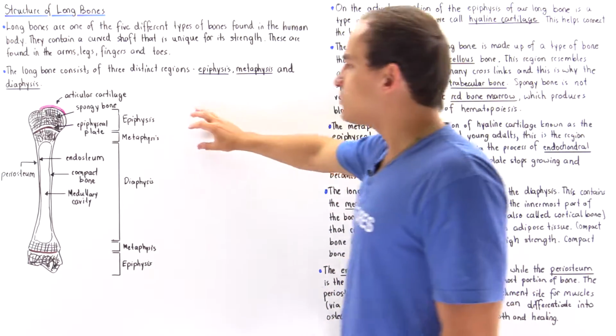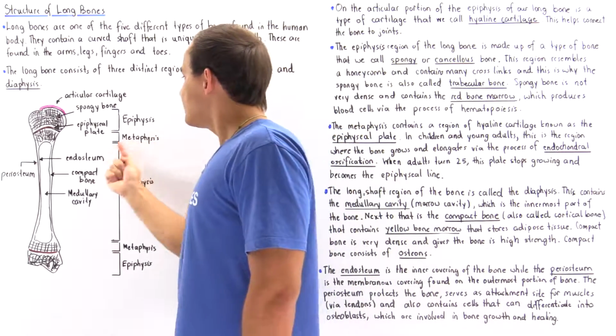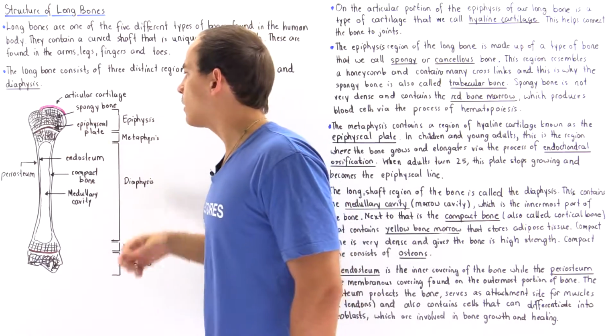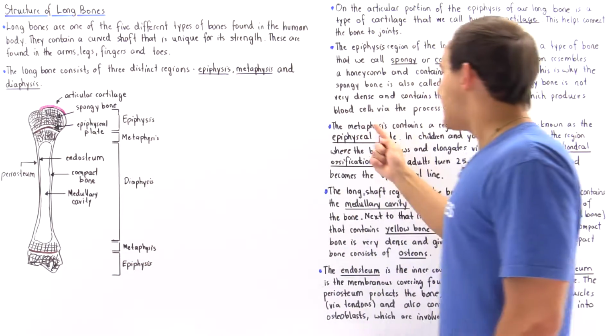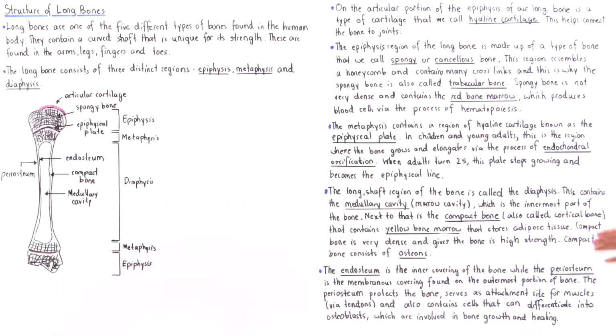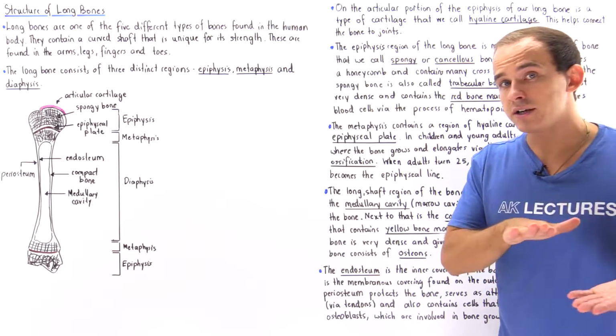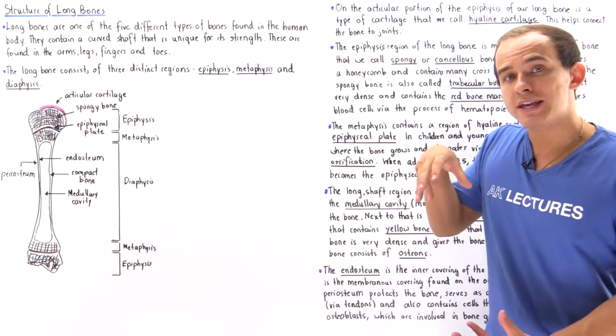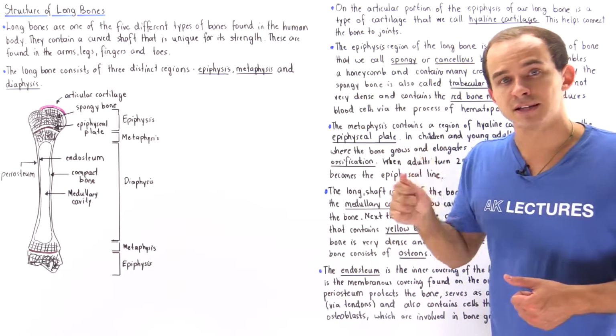Now, let's move on to our metaphysis. Inside the metaphysis, we have a special region known as our epiphyseal plate. The epiphyseal plate is basically the region where, in children as well as young adults, our bone grows and elongates. It basically increases in length.